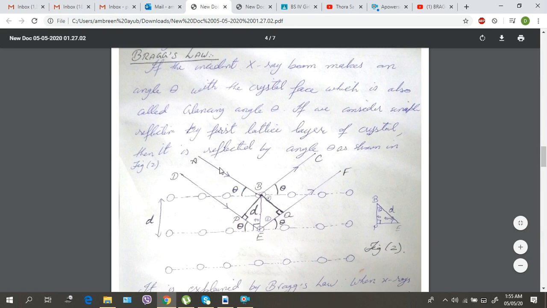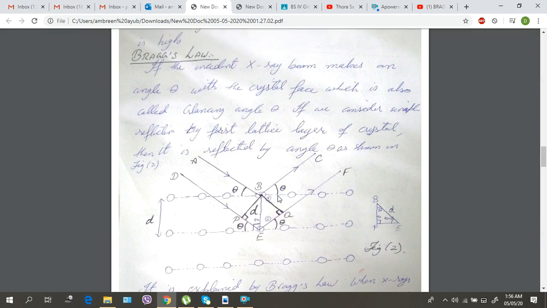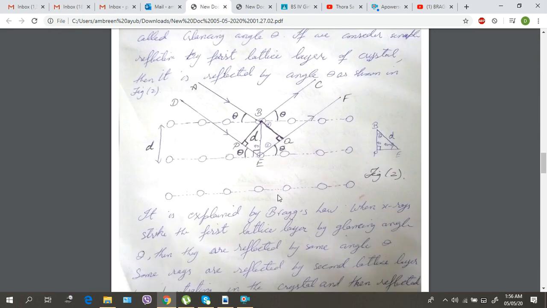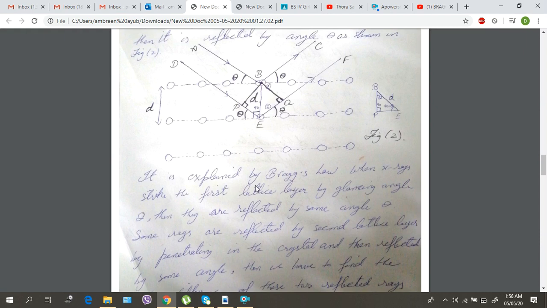Basically, when the incident ray AB falls on the first lattice layer, it makes an angle theta, and after reflection from this lattice atom, the reflected ray is BC, and that reflected ray also makes an angle theta with the lattice layer. As shown in figure 2, it is explained by Bragg's law. When X-rays strike the first layer at glancing angle theta, they are reflected by the same angle theta.